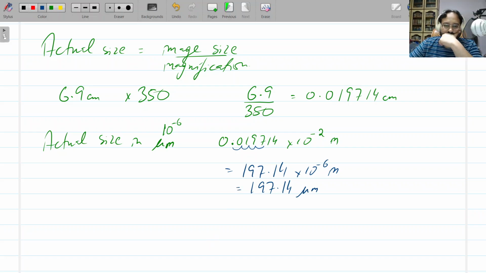Make sense? Now, another thing to keep in mind is significant figures. You're familiar with significant figures.